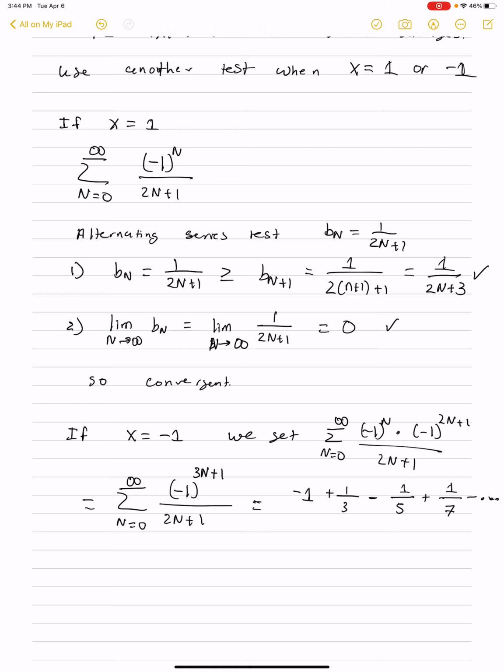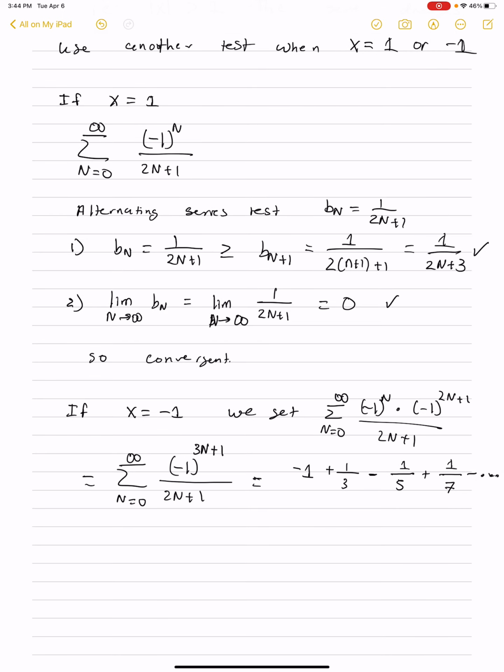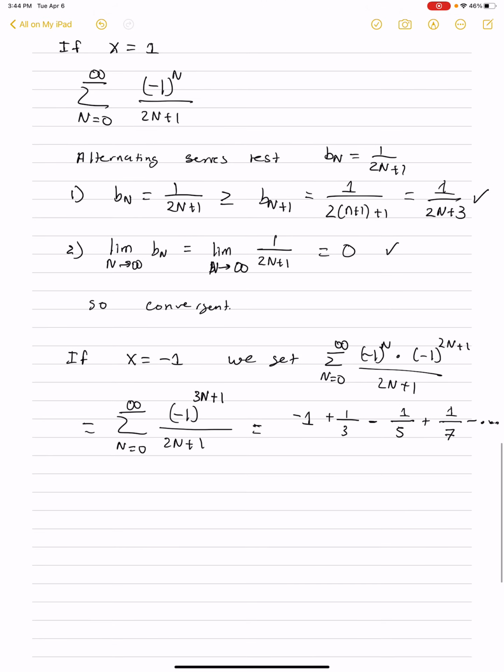This is again an alternating series, and this happens to be almost identical to the x equals 1 case. This is convergent by the alternating series test, with, again, the same b sub n. B sub n is just going to be the non-negative part, and that's 1 over 2n plus 1. By the work that we did above, it's convergent.